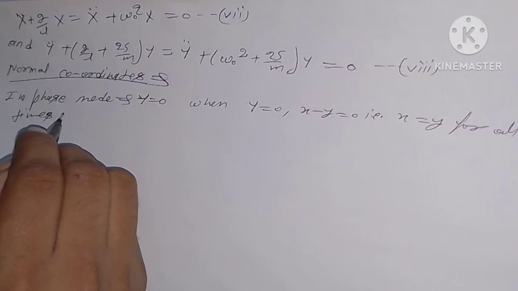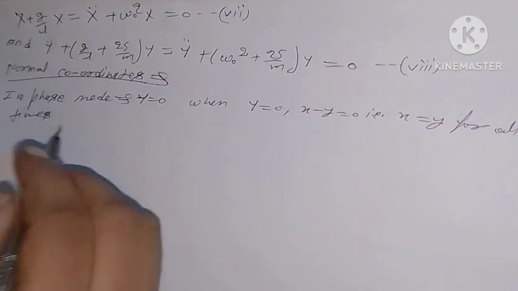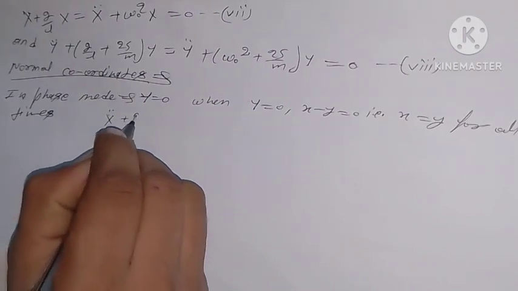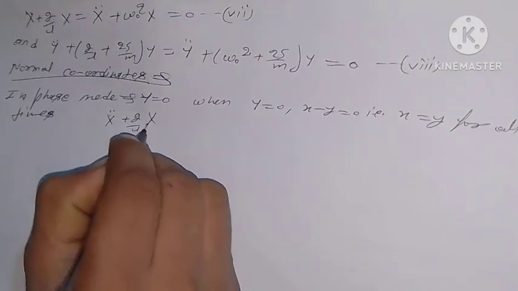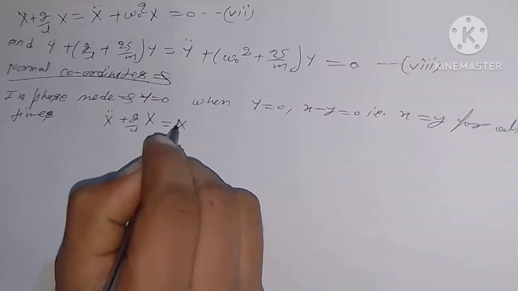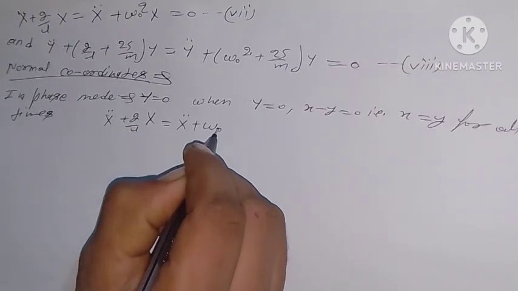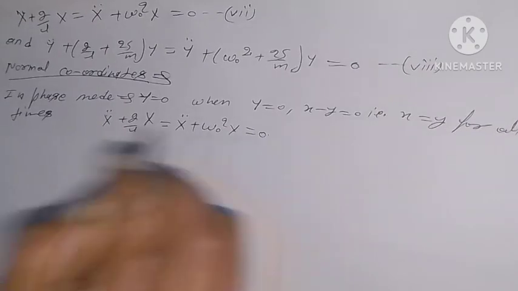For all times the motion is completely described by d²X/dt² + (g/l)X = 0, that is, d²X/dt² + ω₀²X = 0.